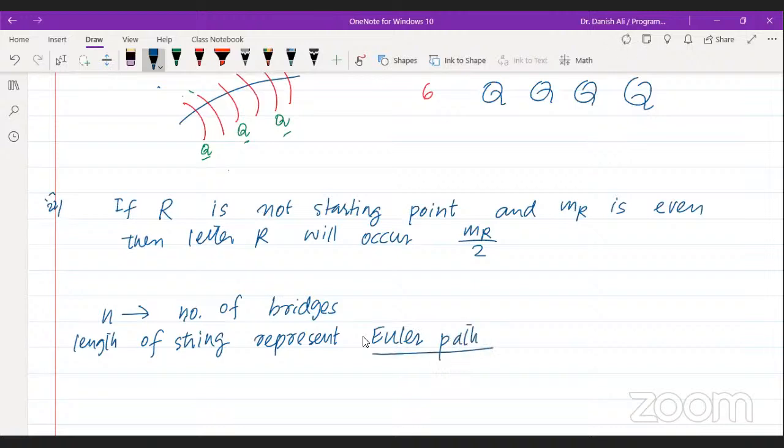Euler path is the path in which we use each bridge only once. So this will be n plus 1.